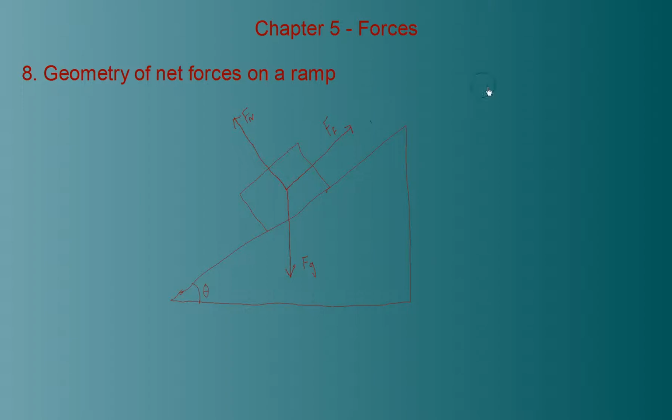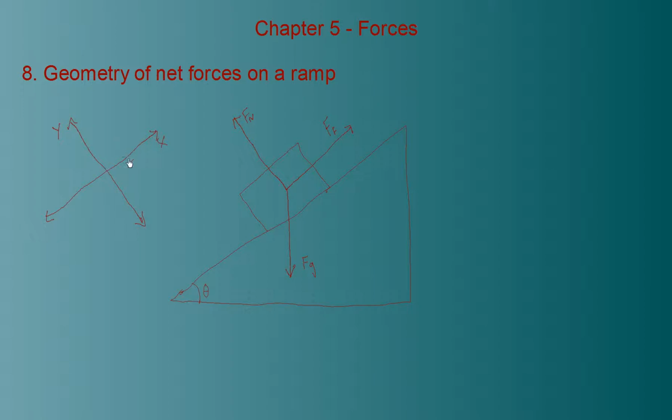Let's tilt our XY axis so that it's in the ramp's frame of reference. By that I really just mean that the x-axis is now parallel to the surface of the ramp. The y-axis is perpendicular to the surface of the ramp.